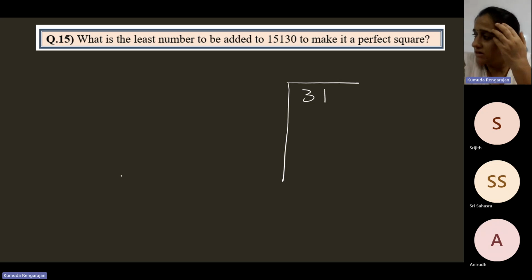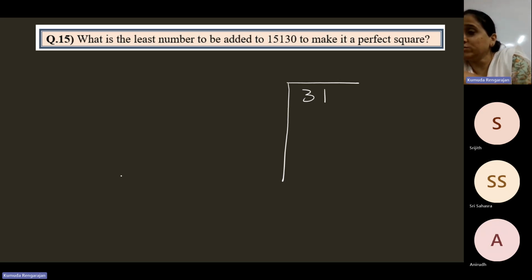You'll be given a number which is not a perfect square. What is the least number to be added to that number so that the resulting number is a perfect square? What number should be subtracted from it so that the resulting number is a perfect square? Everywhere, the least.